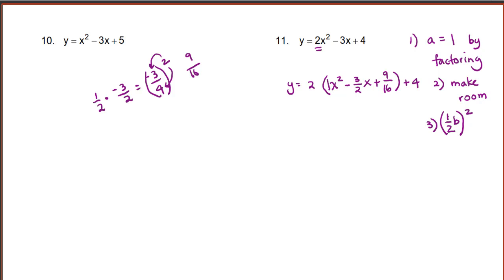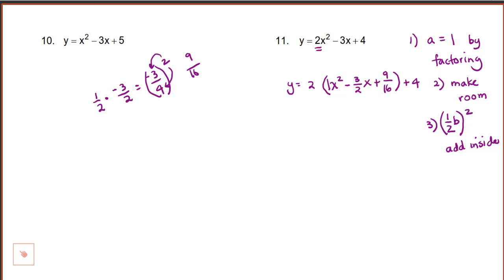So I take half of b and square it, take half and square it, and add inside, you might say. So you're right, I'm not using very mathematical terms like make room, add inside, but I'm hoping they connect with you.